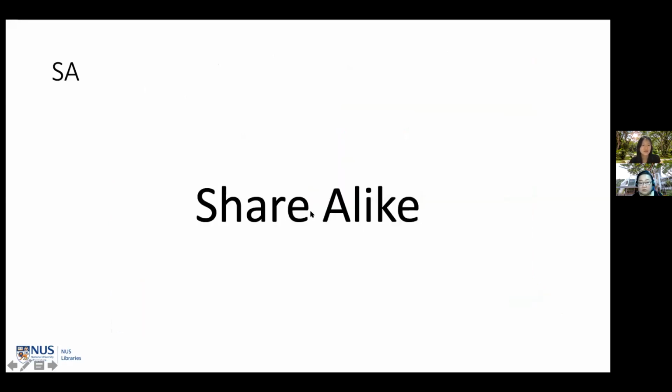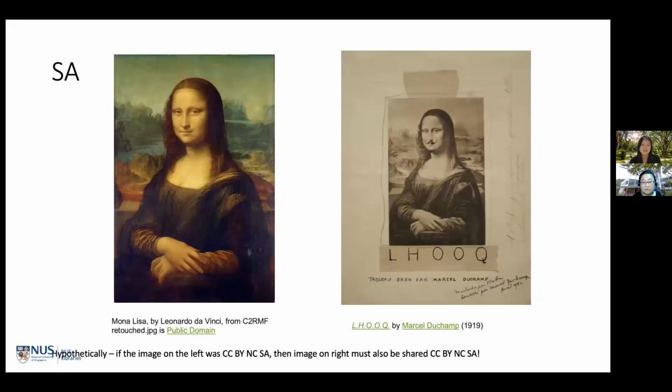Now, the final abbreviation we are going over is share alike. Share alike just means that if you use the original work in a new work, so on the right, Mr. Duchamp has used the original Mona Lisa in his LHOOQ piece of work.